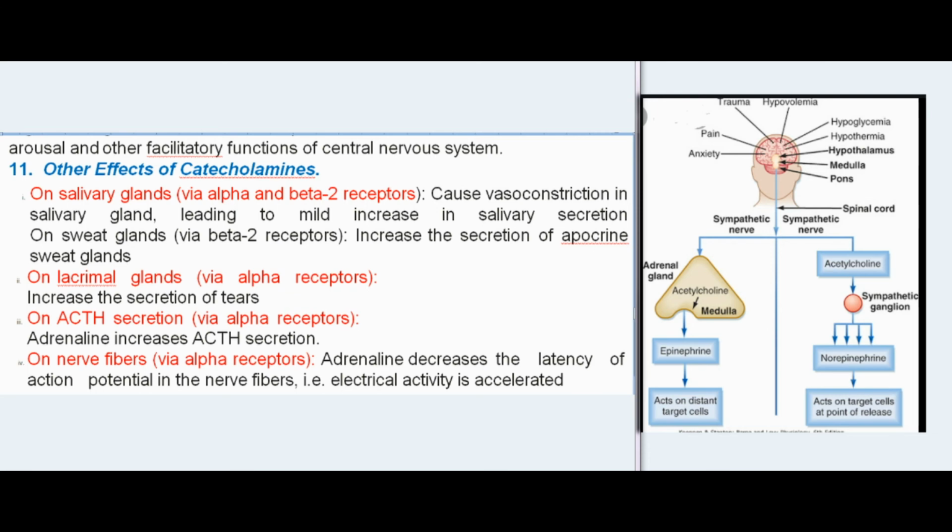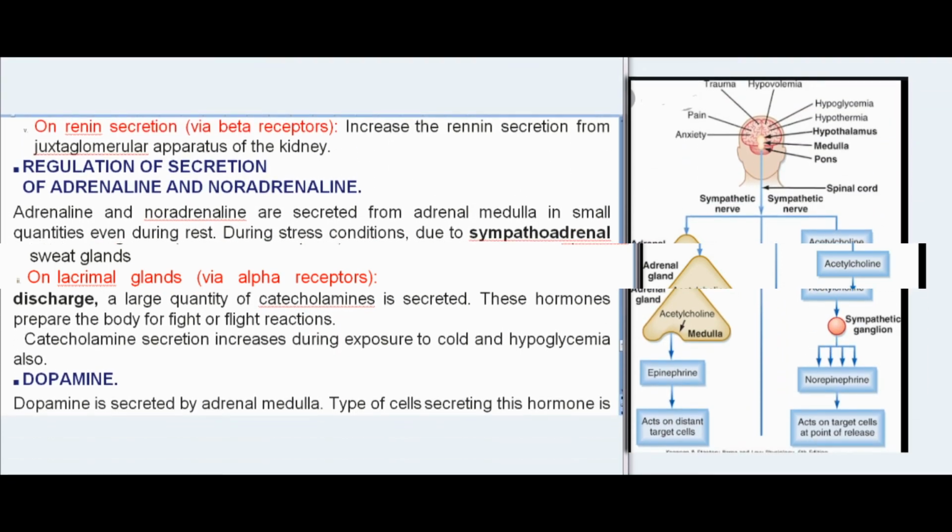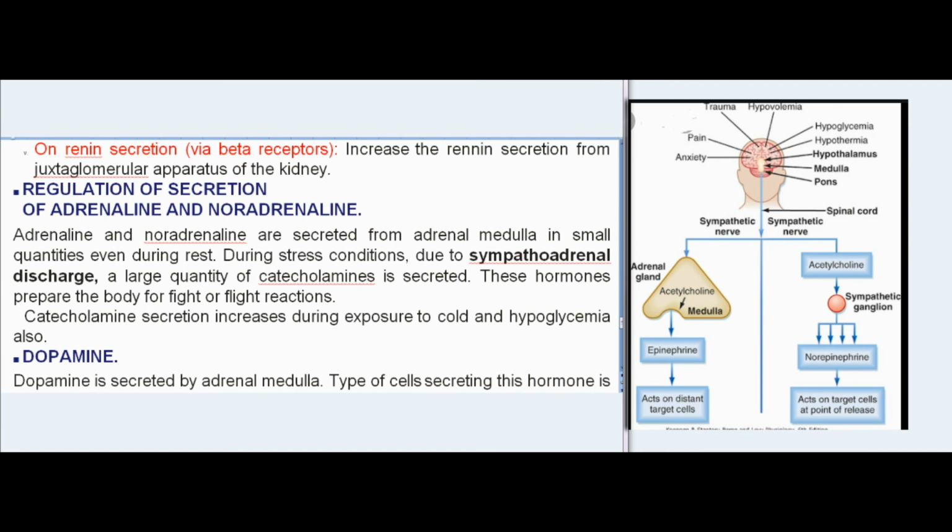On ACTH secretion, via alpha receptors, adrenaline increases ACTH secretion. On nerve fibers, via alpha receptors, adrenaline decreases the latency of action potential in the nerve fibers, i.e. electrical activity is accelerated. On renin secretion, via beta receptors, increase the renin secretion from juxtaglomerular apparatus of the kidney.